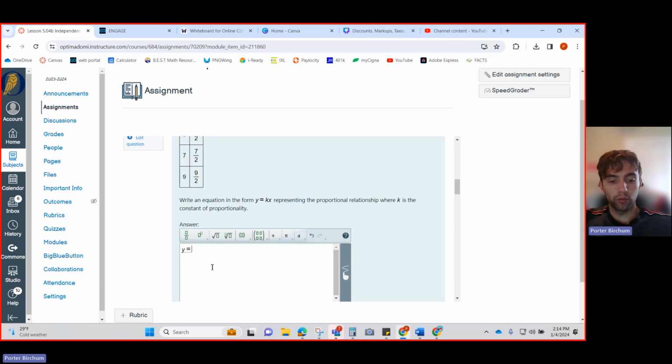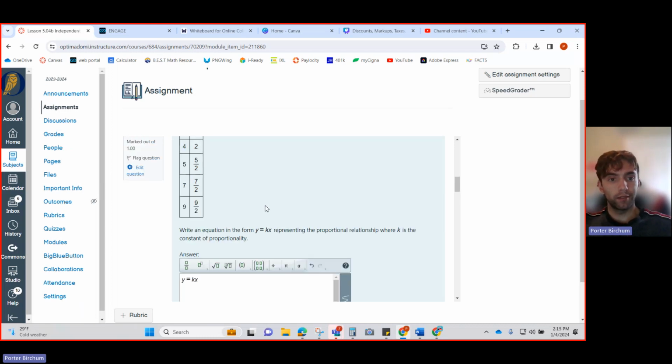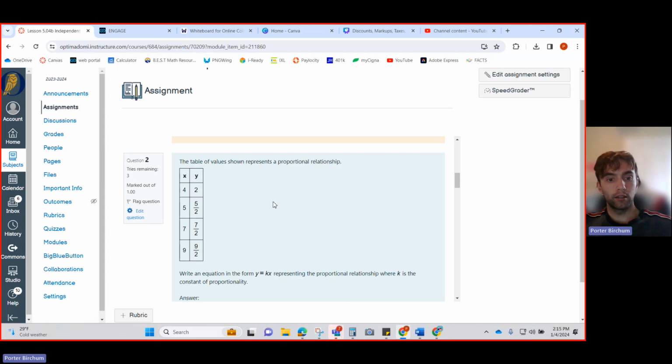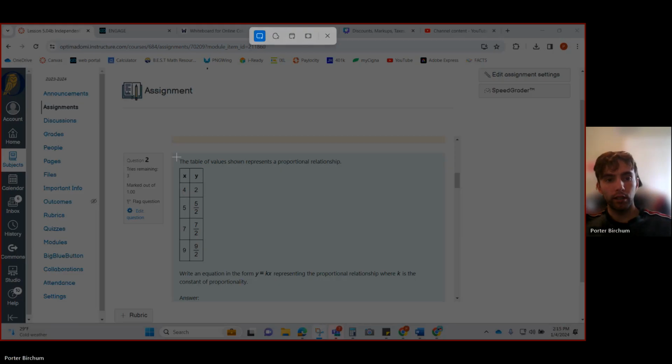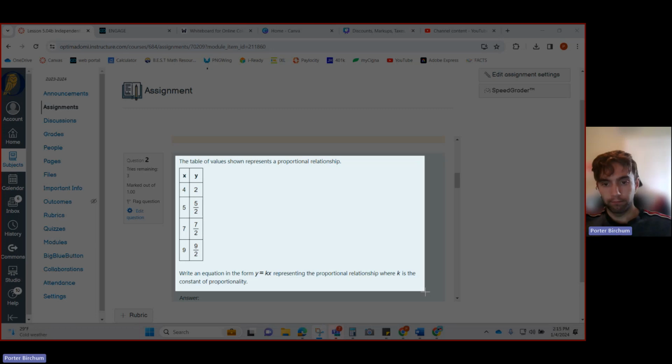So y equals kx. My answer will look like this, but I will replace k with whatever I find the constant of proportionality to be. Let's get scribbling.